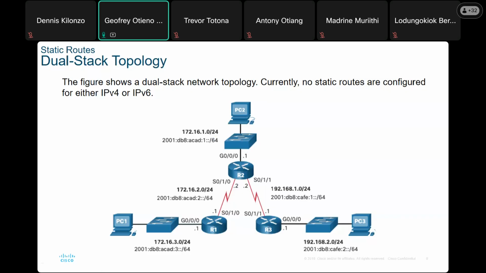Okay. Now let's look at R2. While on R2, which are remote networks? How many are you able to see? Andrew says 2.